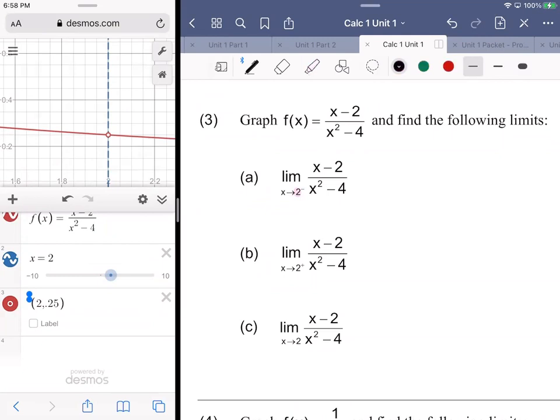So the y value that this graph is approaching is 0.25 from the left, from the right, and because the limit from the left and from the right are exactly the same, that would be my limit overall. All right, so this is 0.25 or a quarter.